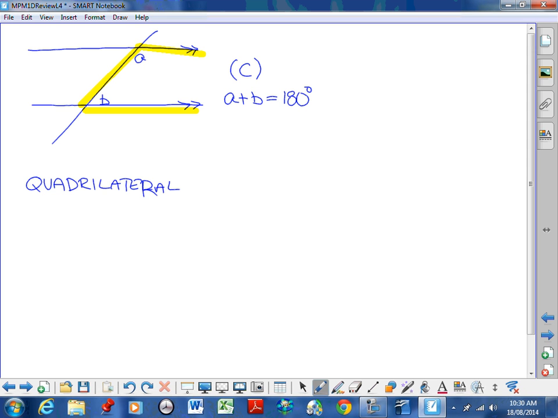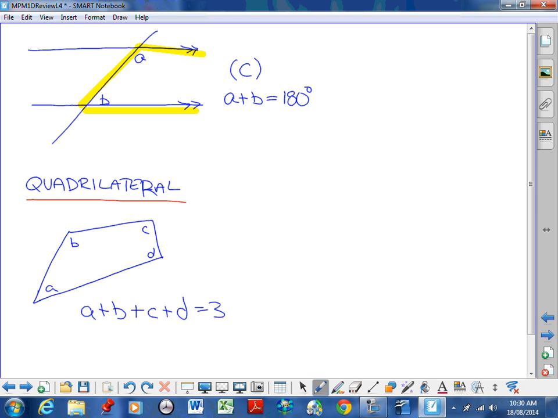Inside a quadrilateral, and that's any four-sided shape, it doesn't have to be a parallelogram, with angles A, B, C, and D, if you add those together, any four-sided shape will add up to 360 degrees.